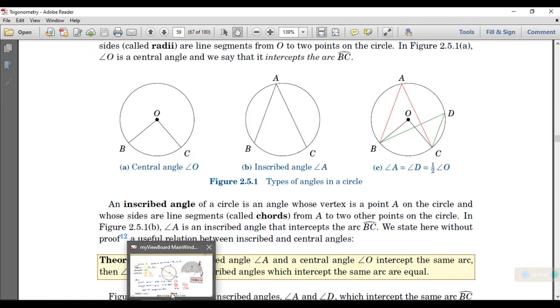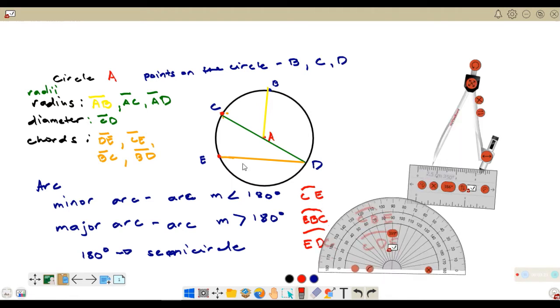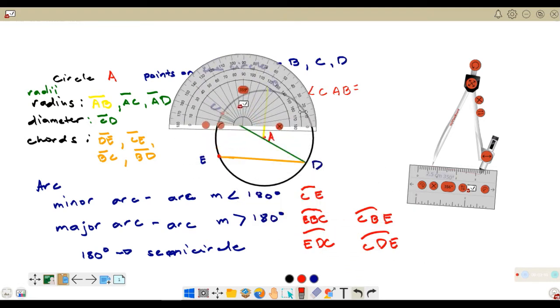Balikan natin yung ginamit natin na circle dun sa discussion natin ng parts of circle earlier. So, meron tayo ditong central angle na CAB. So, si CAB, I think nung measure natin to kanina, 65 yung measurement nito. Measurement of angle CAB is 65. Check natin kung 65 talaga.